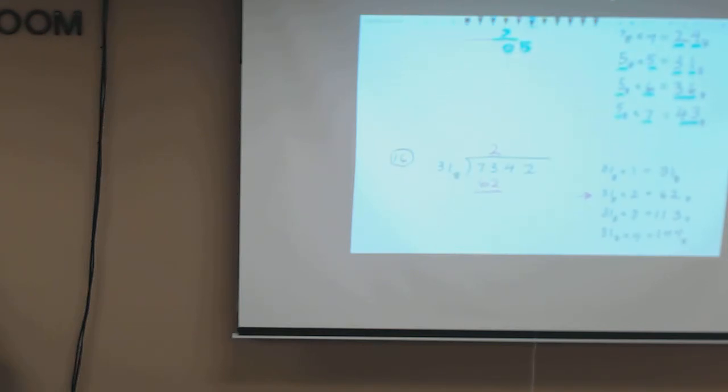Number 16. Now, see, up here we're dividing by 5. Down here we're dividing by 31. So I take 31 times 1 is 31, 31 times 2 is 62, 31 times 3 is 113. You go, what? What's 31 times 3?